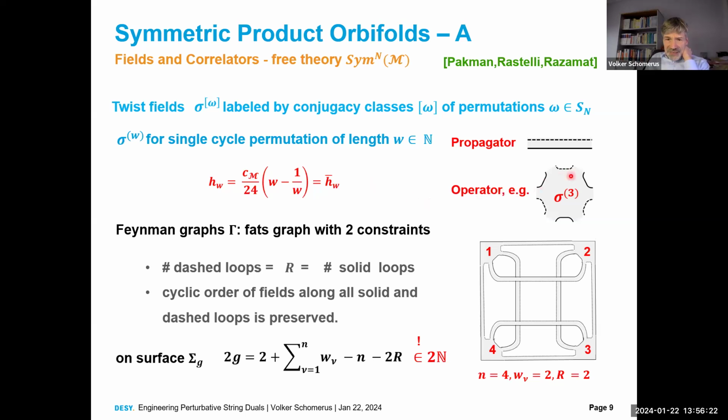The single cycle permutation operators I denote by these circles with 2W lines emanating. These W lines are a little different from gauge theory.